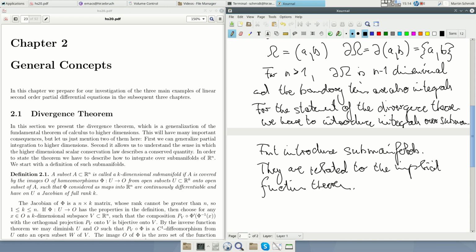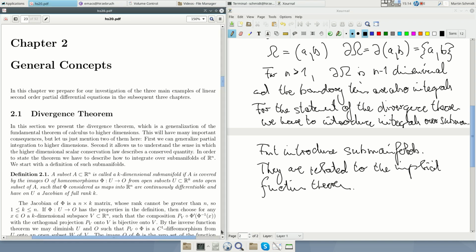Usually after the implicit function theorem, one also introduces submanifolds. We give here a slightly different definition, but afterwards we will see that this definition is equivalent to the usual one related to the implicit function theorem.